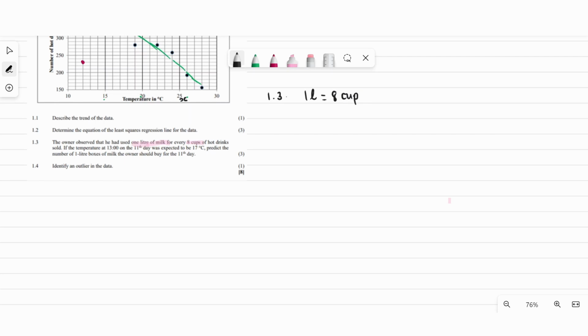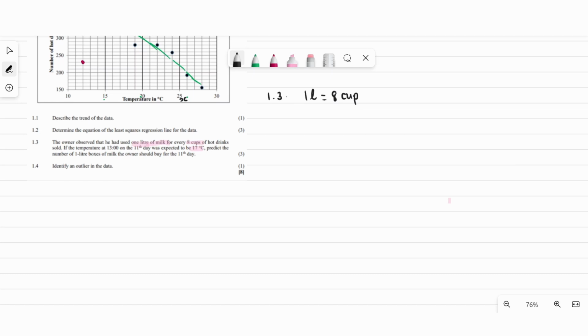Then it says the temperature at 13:00 on the 11th day was expected to be 17, so the temperature is X. Then they say predict the number of 1 liter boxes of milk that can be sold on the 11th day. So we need to know how many liters of milk, and to know that, we need to know how many cups were sold. So let's calculate the number of cups sold.